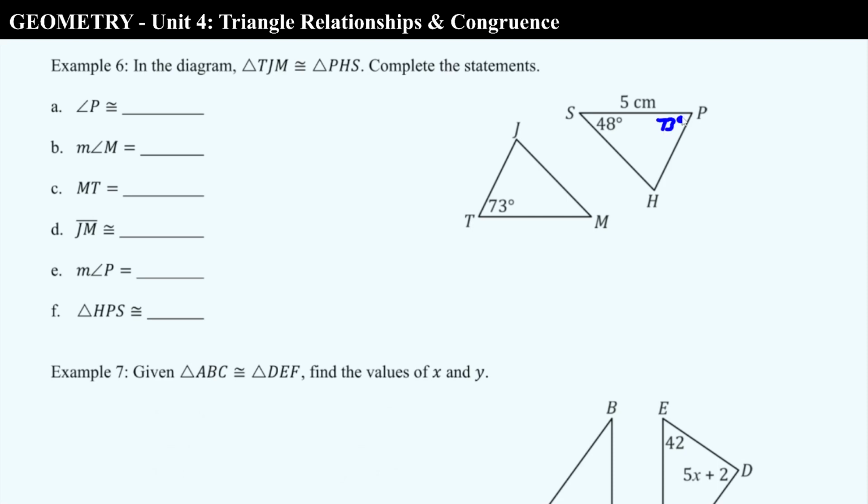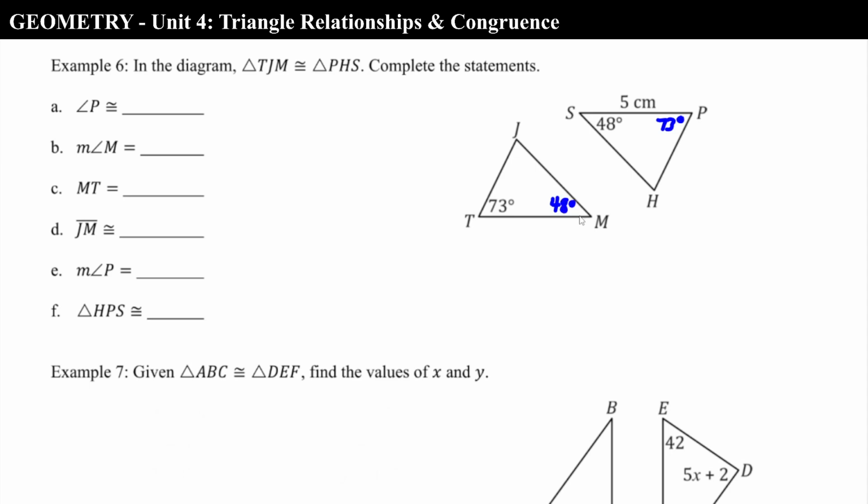So I'm just making some notes based on what we know. J is going to be congruent to H, okay, and then M is going to be congruent to S. So M and S are both going to be 48 degrees.